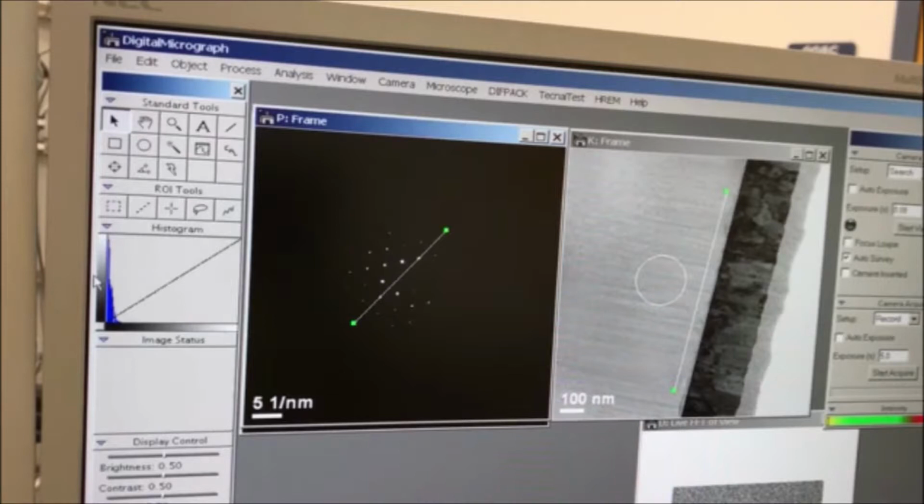Okay. So the trick is, though, I can actually see the Lowy circle in my image when I bring the beam to crossover. So again, what I'm doing is I'm tilting off the zone axis with my alpha tilt. It doesn't have to be a lot, maybe a degree or two.